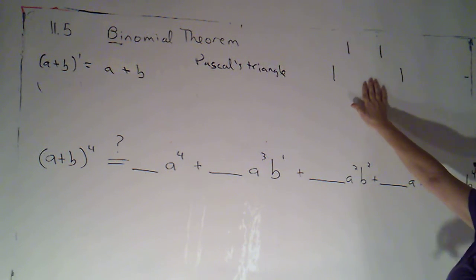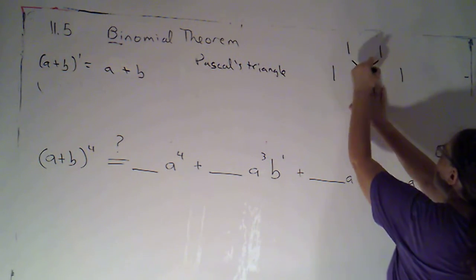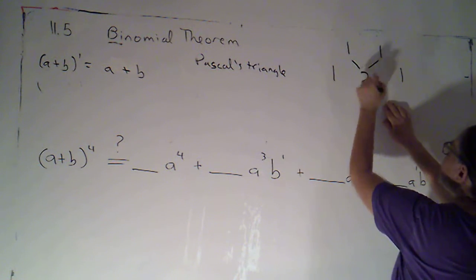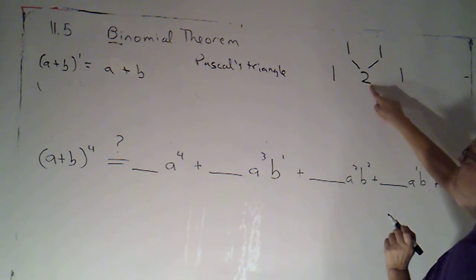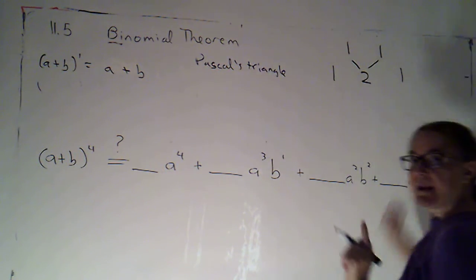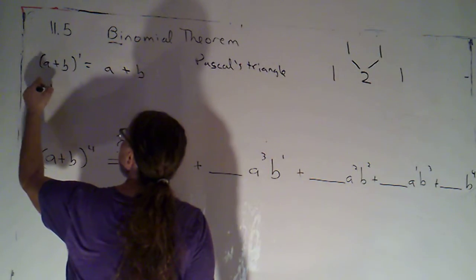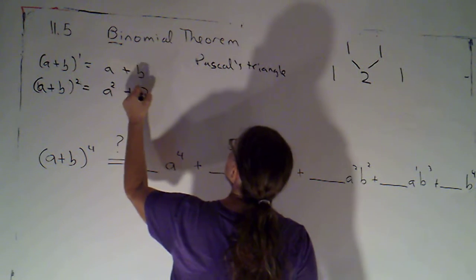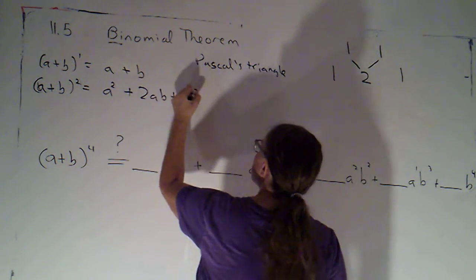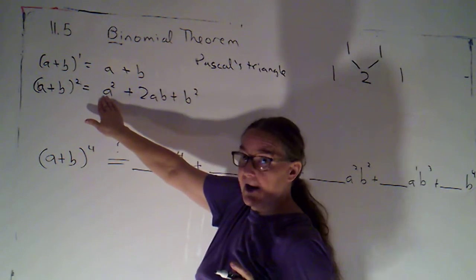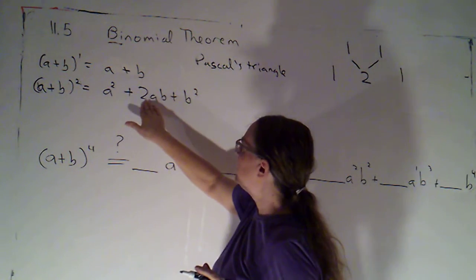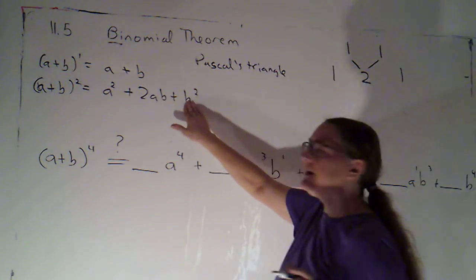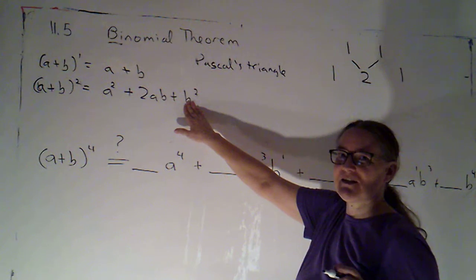Then in the middle, if there are two numbers above a spot, I add them together. So I get 1, 2, 1. Now if you remember, when we looked at A plus B squared, that was A squared plus 2AB plus B squared. The coefficients were 1 copy of A squared, 2 copies of AB, and 1 copy of B squared.